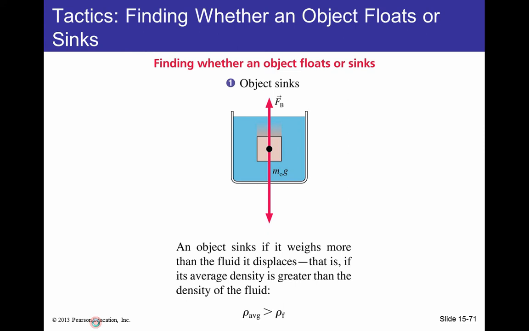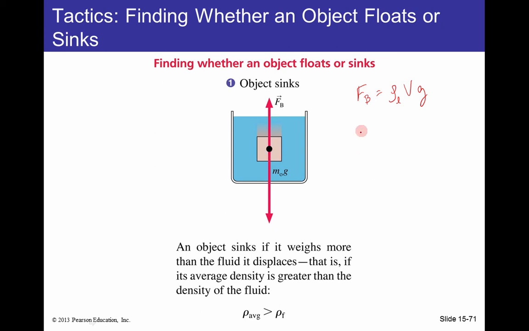So how do we find whether an object floats or sinks? Well, remember the two forces there are the buoyant force and the weight. If the weight of the object is greater than the buoyant force, the object sinks. If the weight is less, then the object floats. So remember, the buoyant force is equal to the density of the liquid times the displaced volume times g.